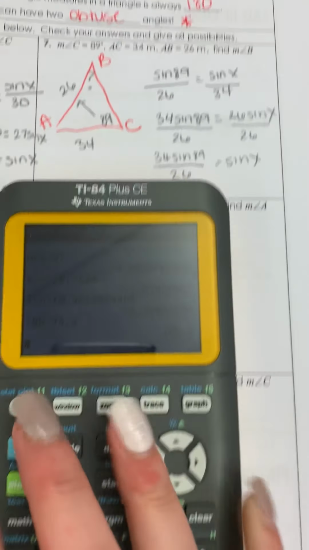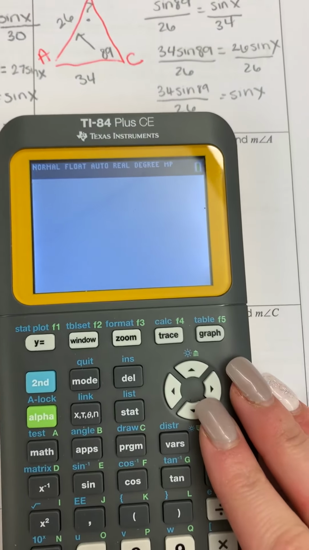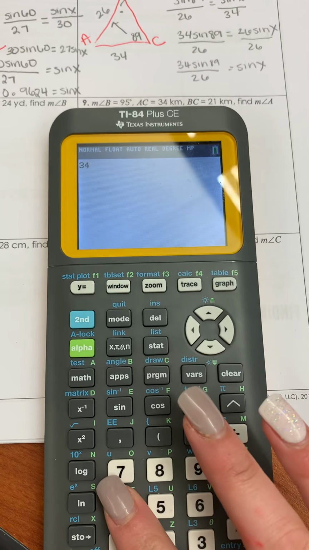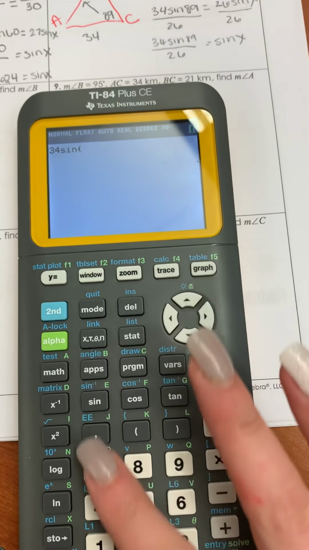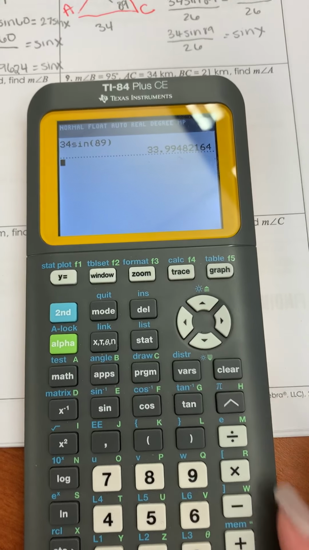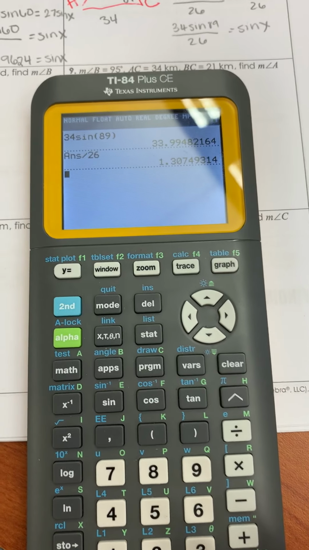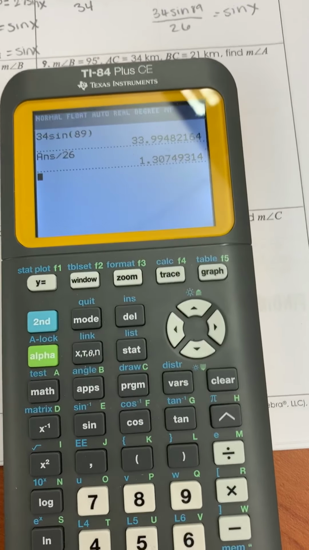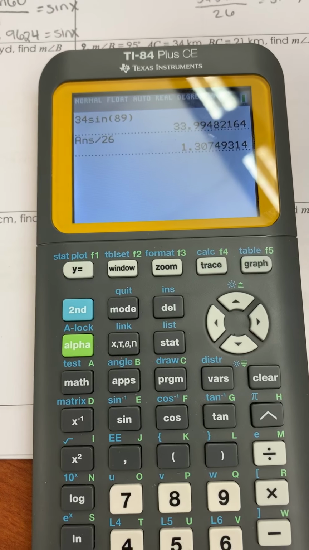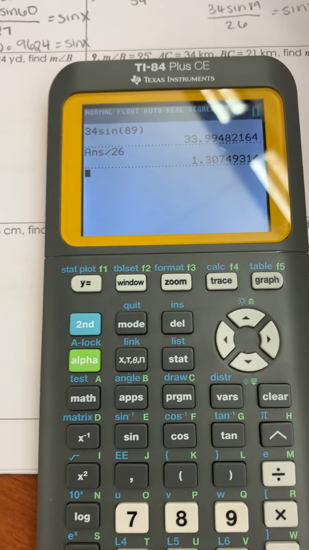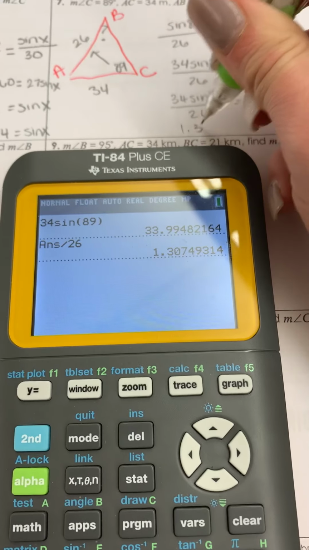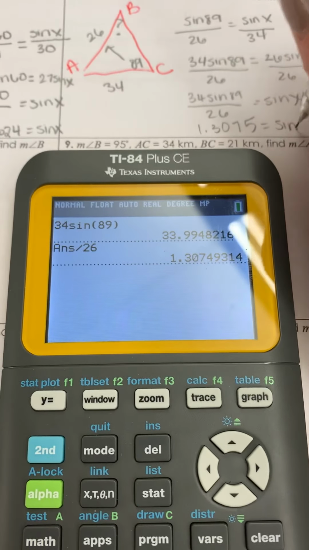This is where I bring my calculator in. 34 sine of 89 divided by 26. So this is 0.3075 equals sine x.